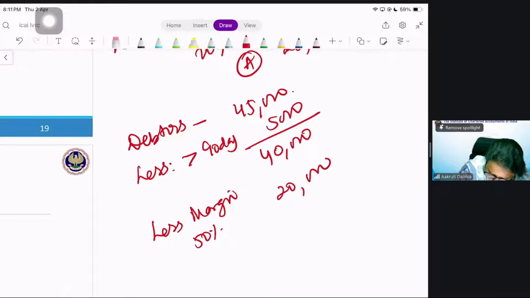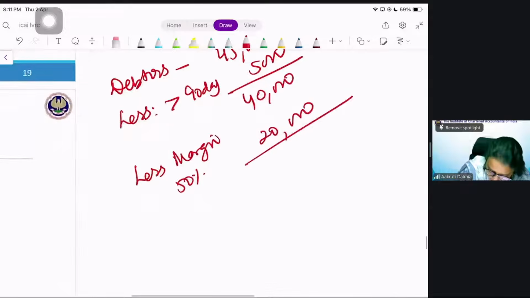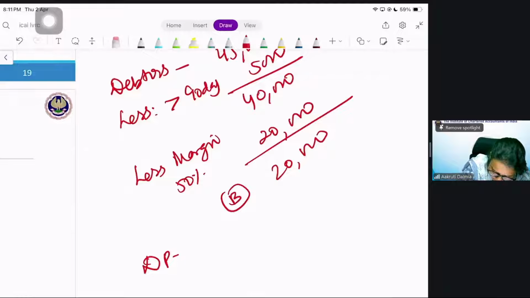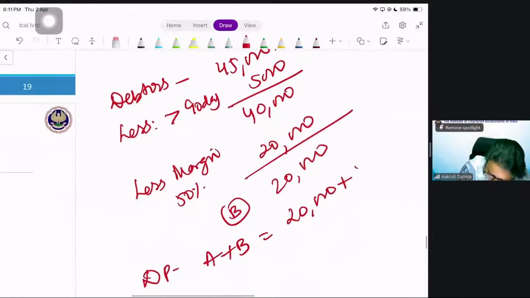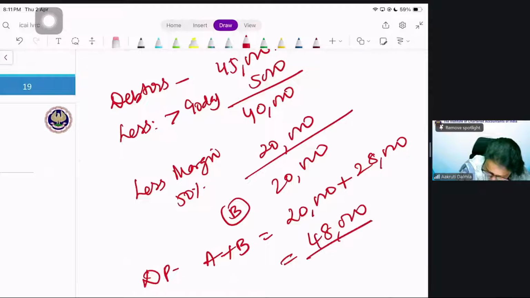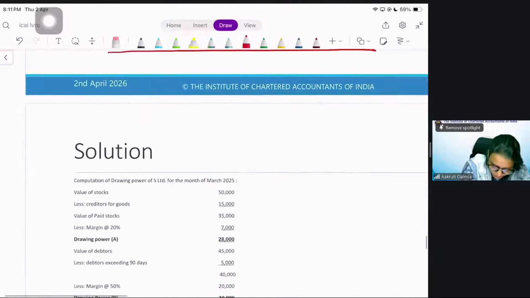So 20,000 will be removed. And hence 20,000 will be the B. So drawing power will be A plus B equals 20,000 plus 28,000. And hence 48,000.